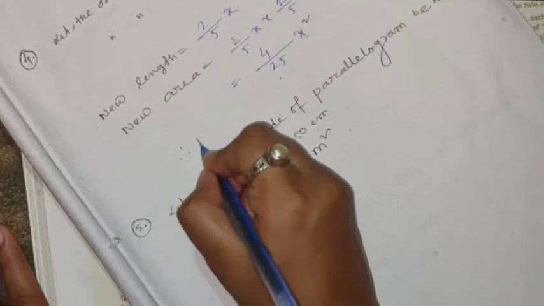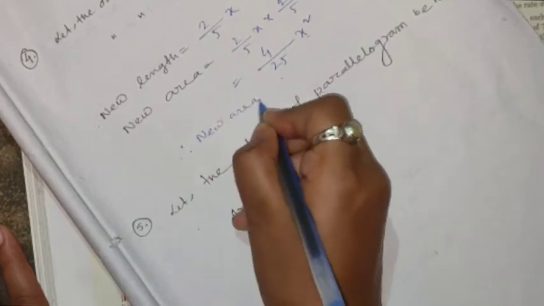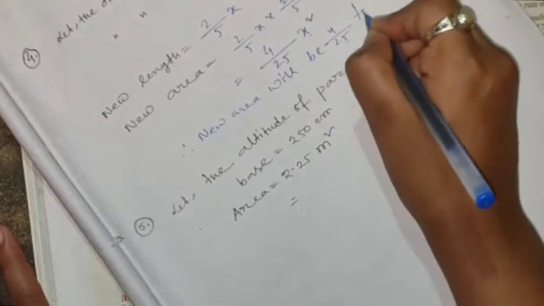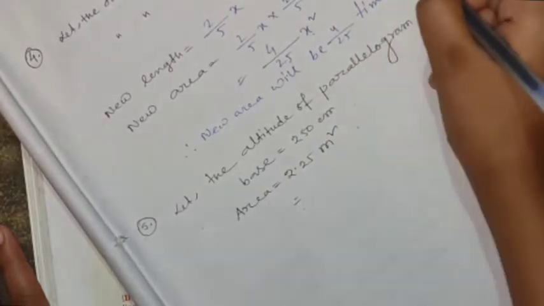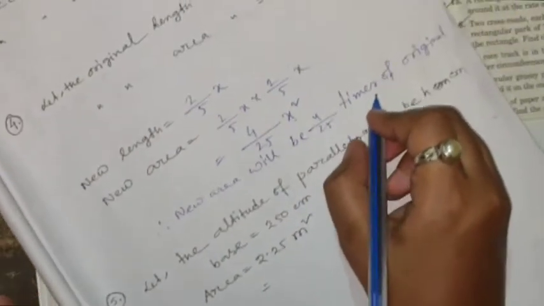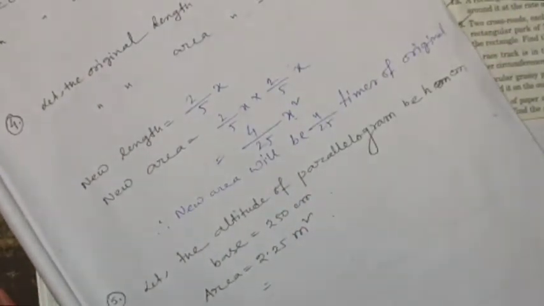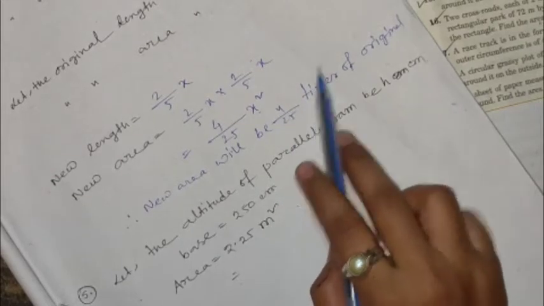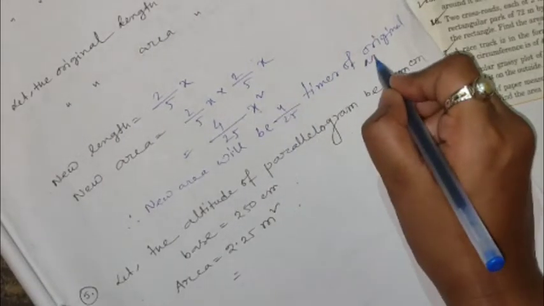So the new area will be 4 by 25 times of original area.